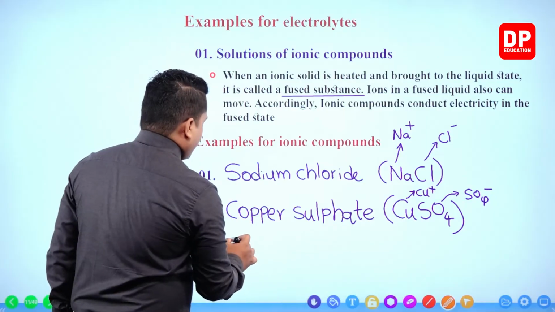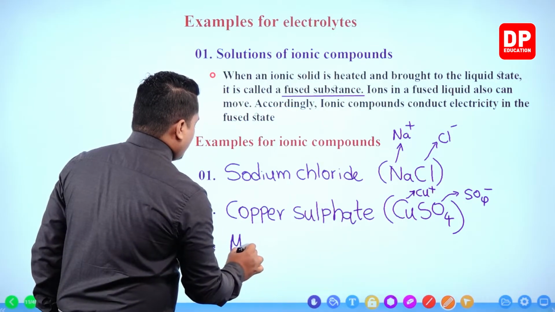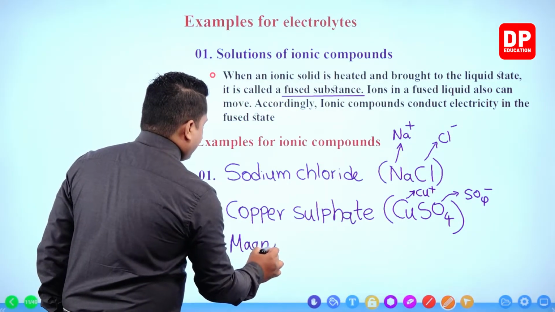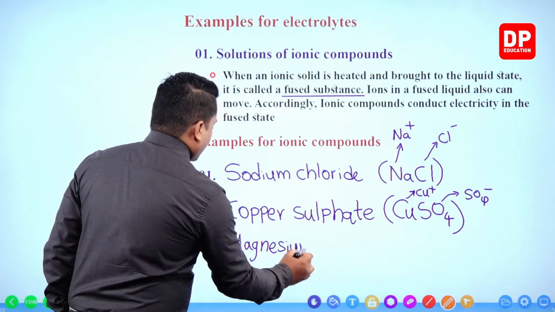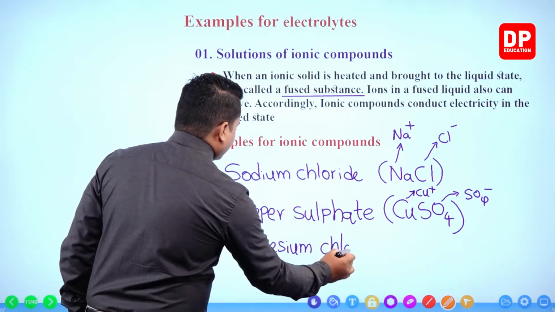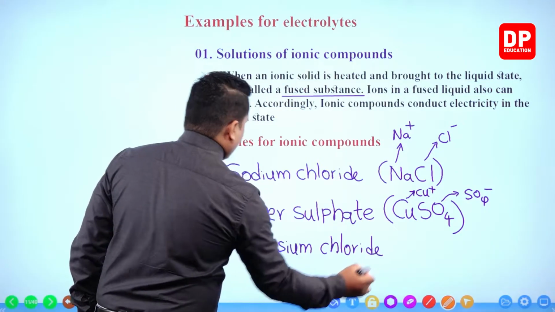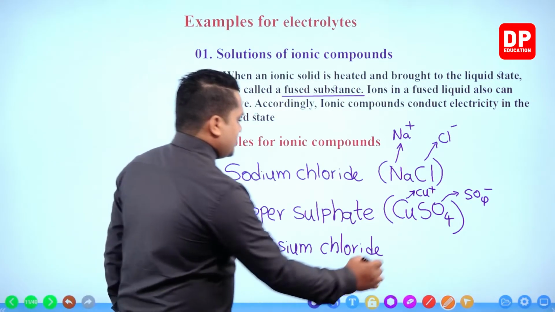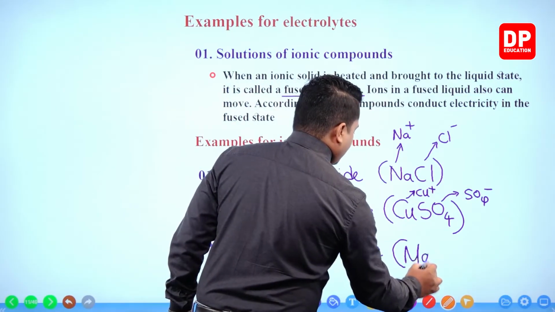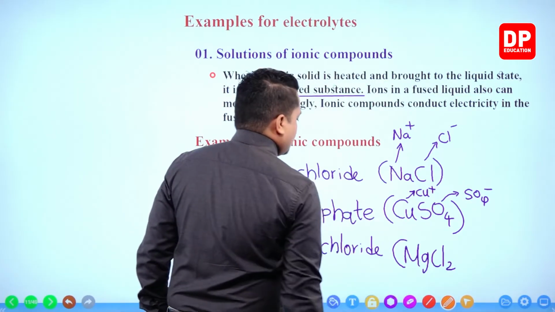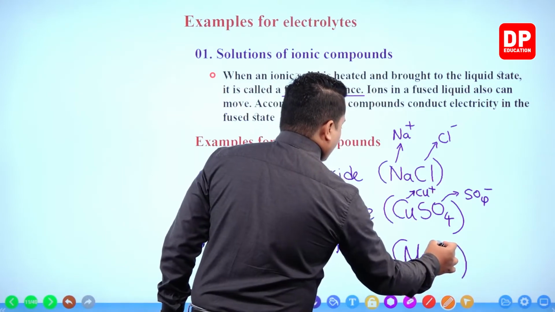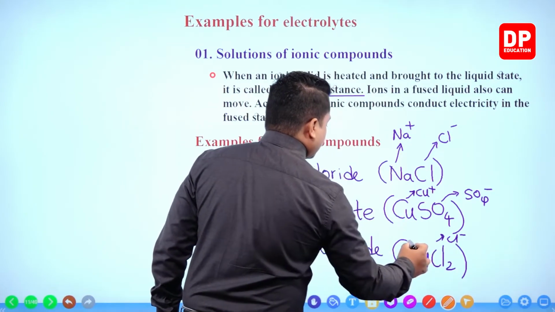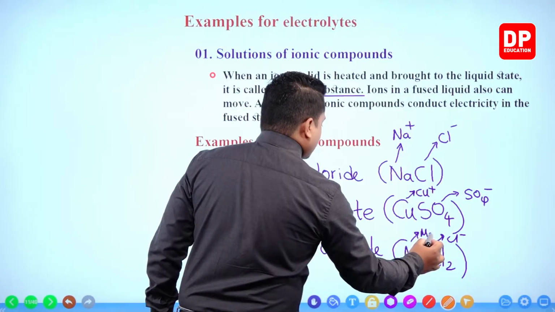Then, another example is magnesium chloride, MgCl2. Once again, here 2 chlorines are getting minus and magnesium is getting plus.